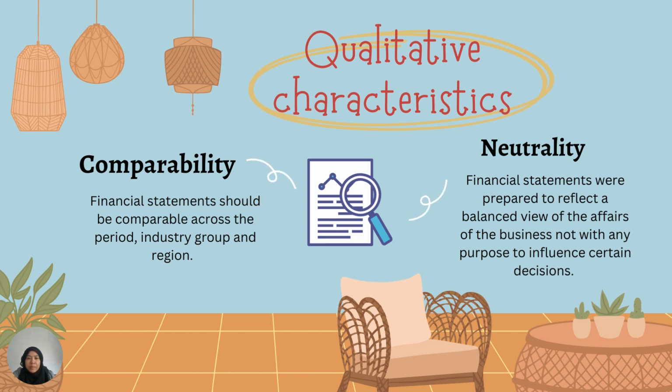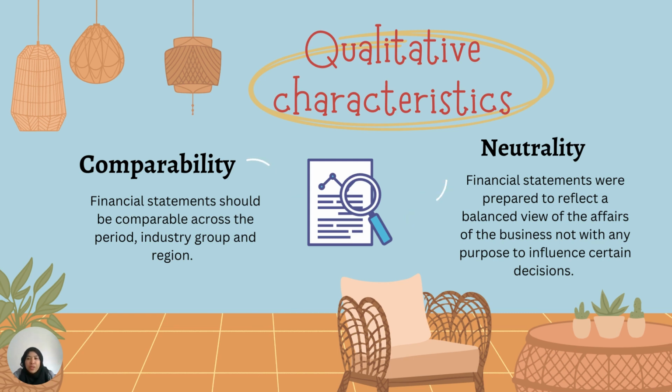So comparability, financial statements should be comparable across the period and industry group and also the region. So it can be comparable by the users for them to make the decision.